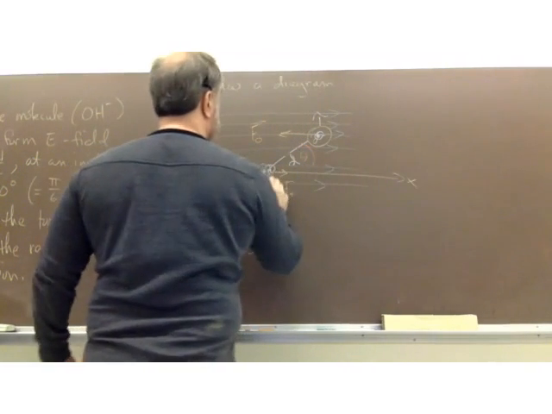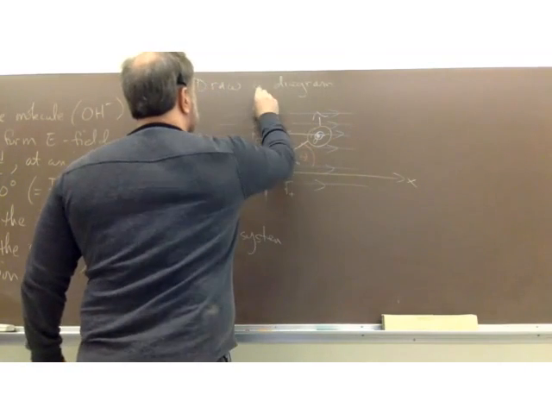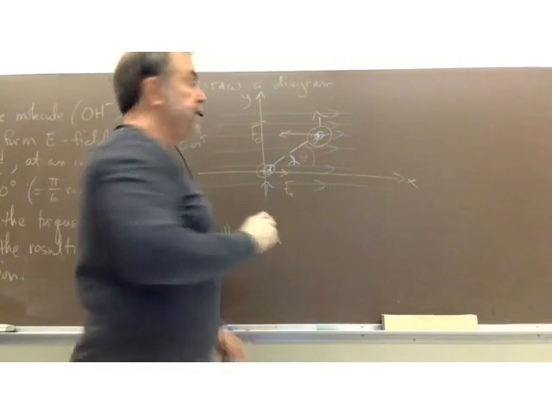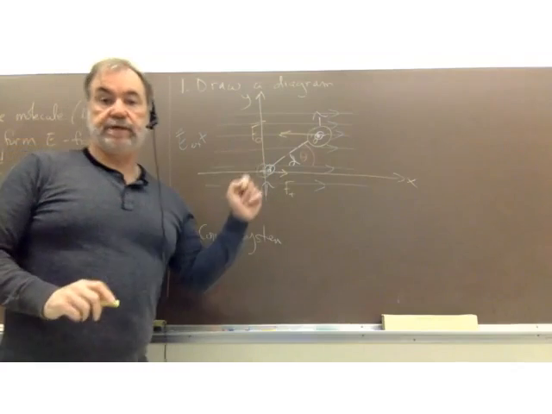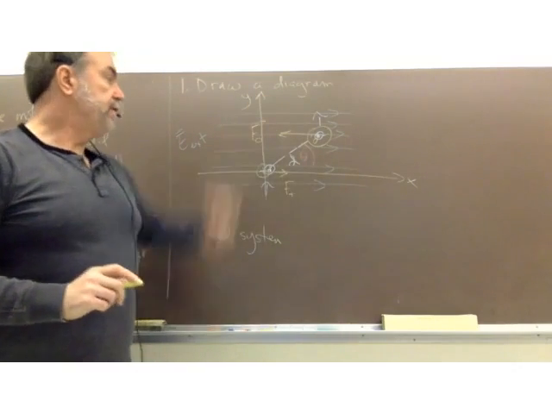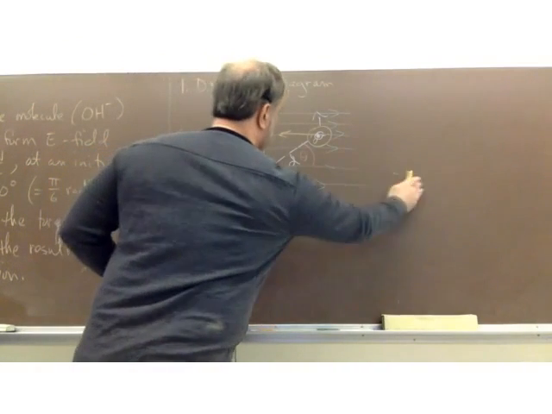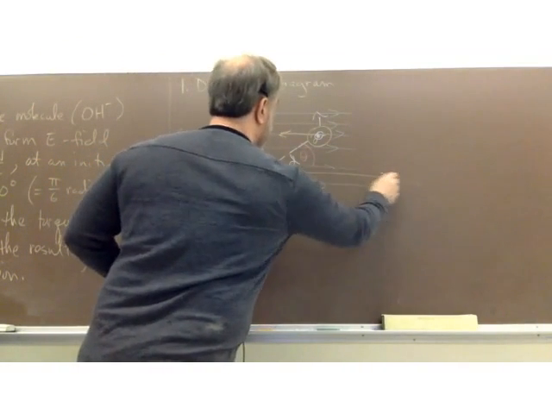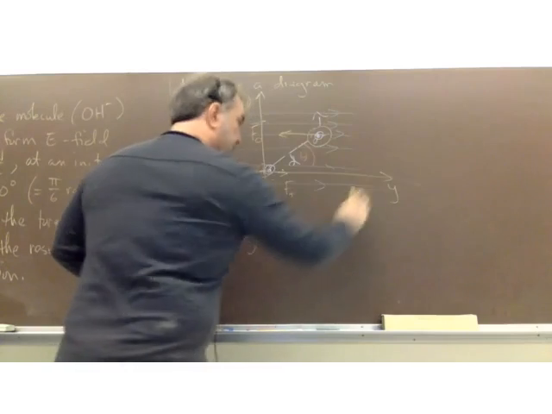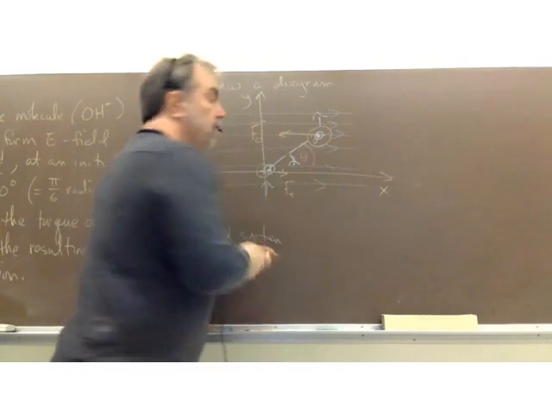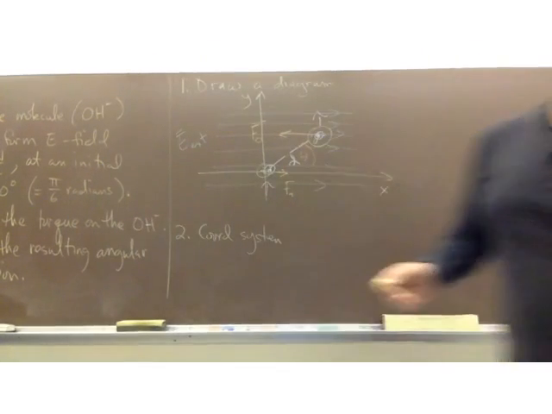X direction and Y direction. We're not going to desperately need the coordinates except to use them as a reference for measuring our angle. So that would be all right. Okay, and finally, solve the problem.